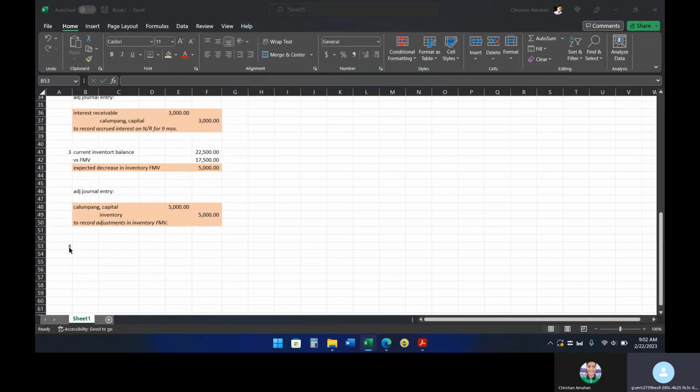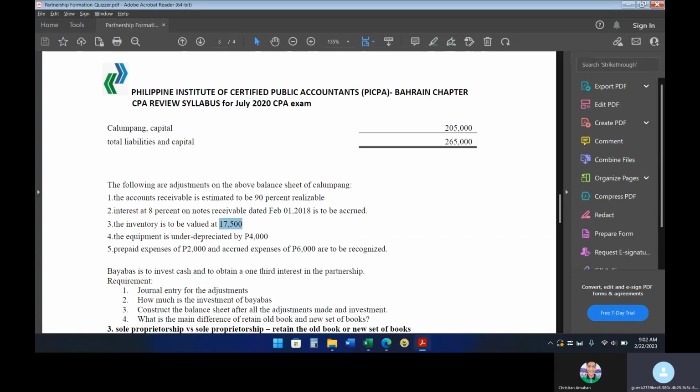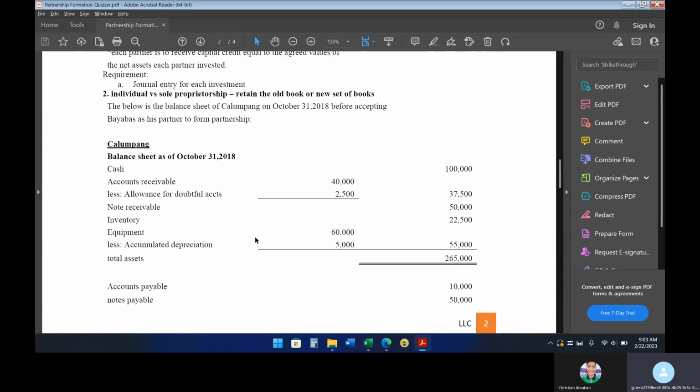Adjustment number 4. Adjustment number 4 is also quite simple. The equipment is under depreciated by 4,000 pesos, meaning the depreciation expense that was not recorded by Partner Kalumpang in his sole proprietorship business records. So we add this 4,000 to the 5,000 pesos accumulated depreciation. Accumulated depreciation again is a contra asset account. So if we increase a contra asset account, we record it as a credit.